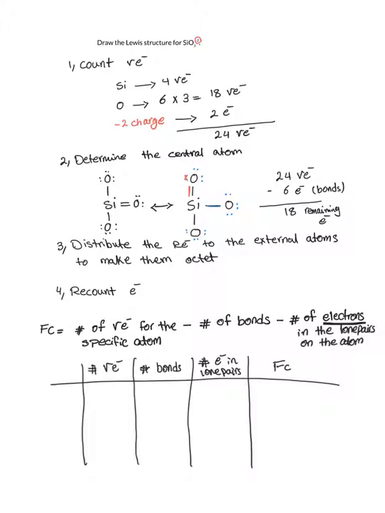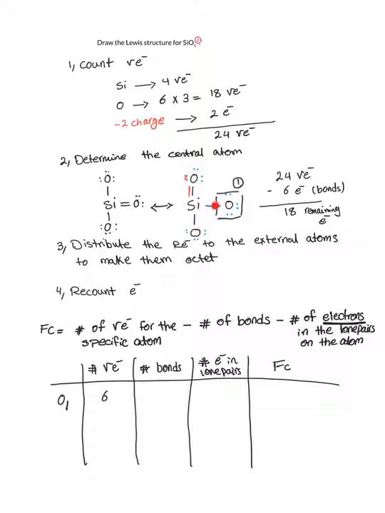So this oxygen right here, I call that oxygen 1. Oxygen has 6 valence electrons.